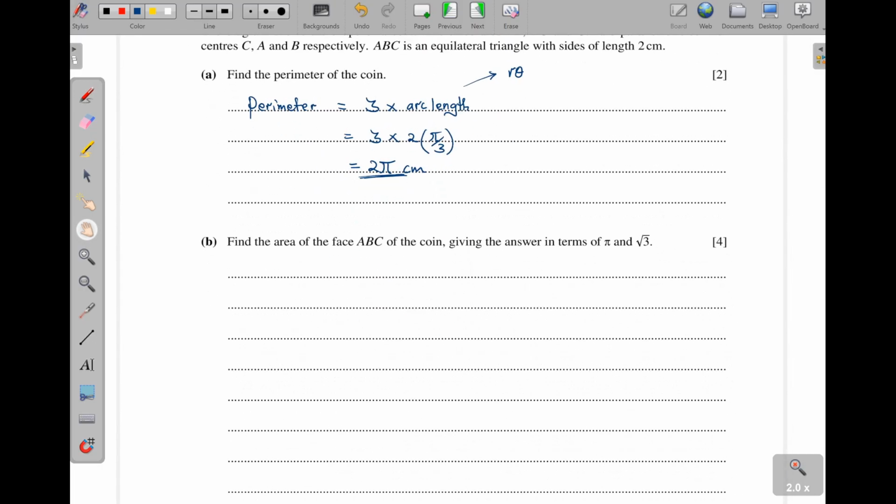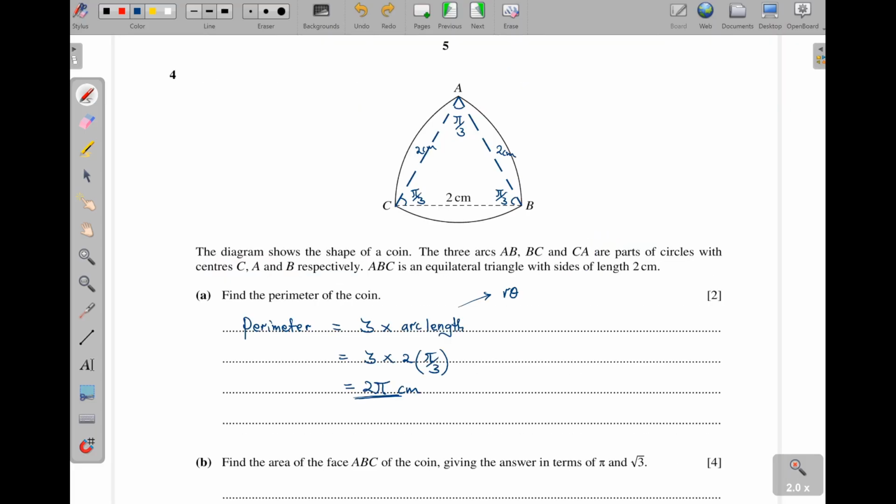And then part B, find the area of the face ABC of the coin, giving the answer in terms of pi and root of 3. Now, to find the area of this face, I can say area of this triangle, which is inside here, plus area of this segment, this one and this one. And those 3 segments are all equal.